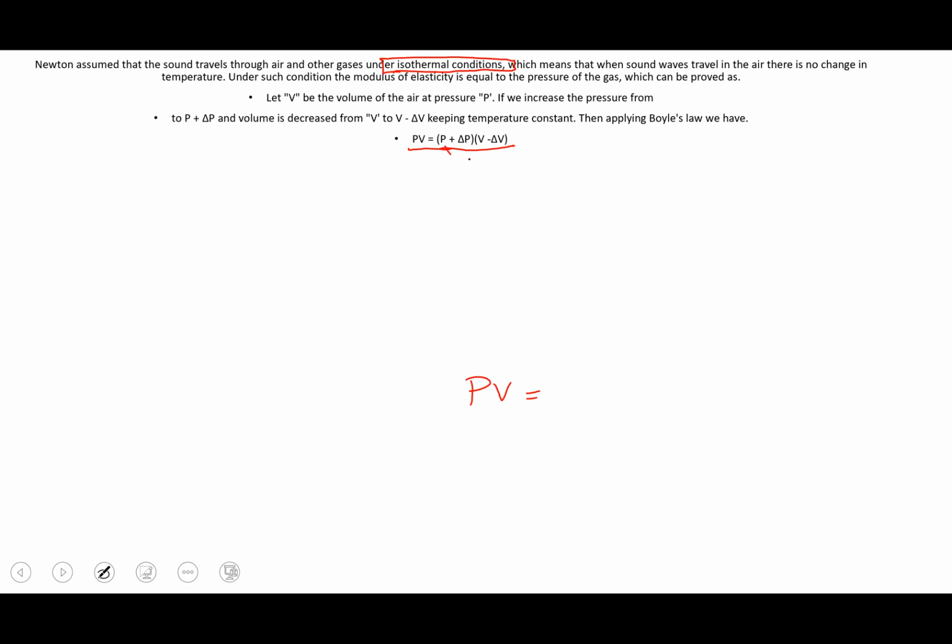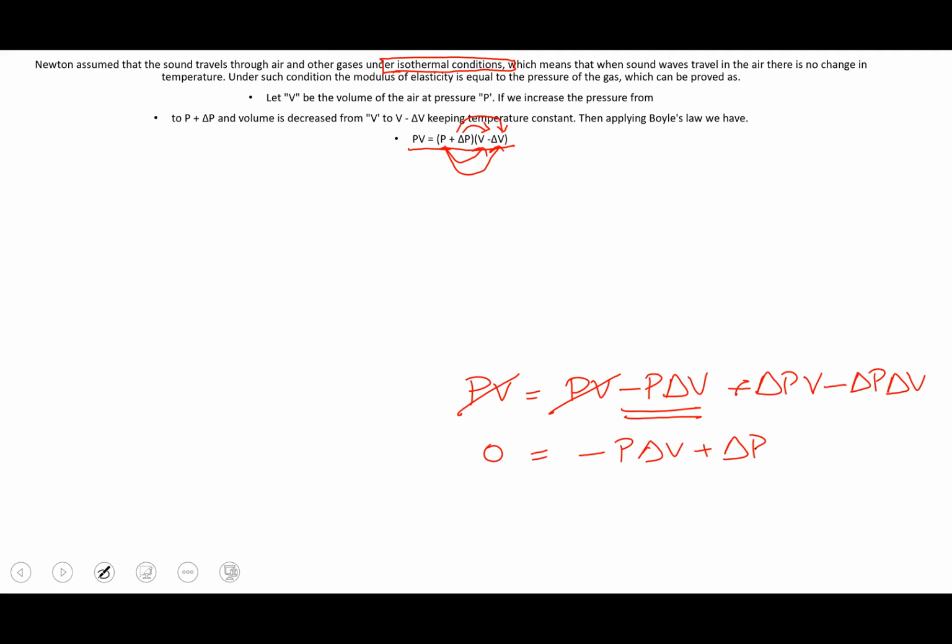We multiply this P with this V and then this P with this delta V, so it will be PV minus P delta V. Then when we multiply this delta P with this V and this delta P with this delta V, it will be plus delta P V minus delta P delta V. Now, looking at this equation, PV and PV cancel out with each other, and if we take the negative sign to the other side, it will be P delta V is equal to plus delta P V minus delta P delta V.